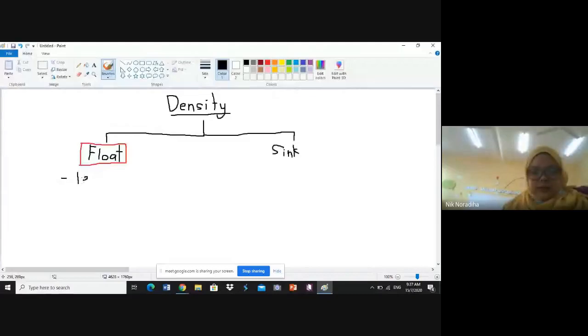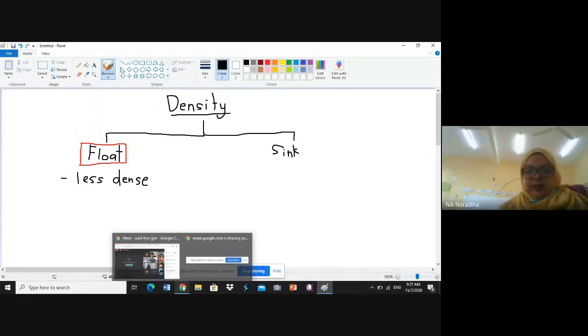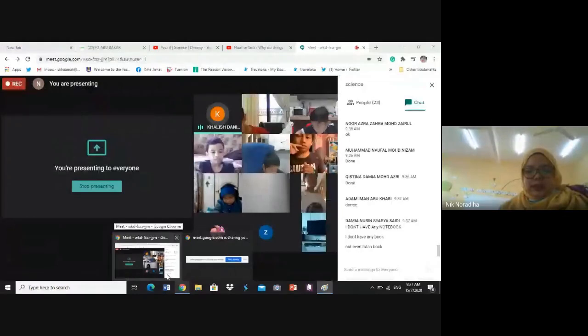Less dense. Okay, we are writing simple notes only so that when you do the exercise later, you can quickly refer to your notes. And the sink is more dense.